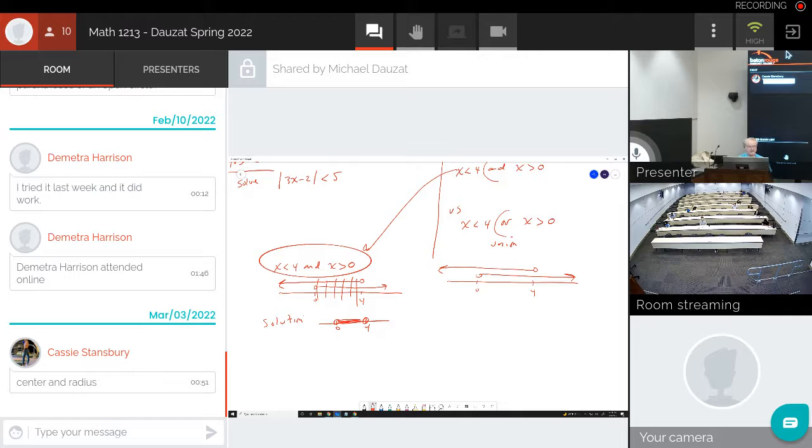Well, if you look at that number line, what's being shaded? Every real number. So the graph is all real numbers. So there is a difference between the word and and the word or.